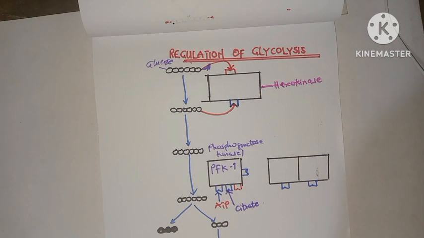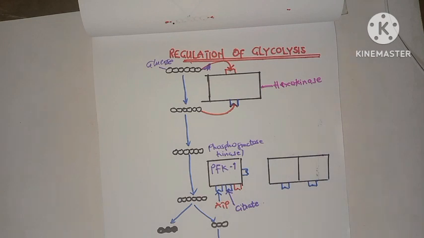And there is one that comes in to stimulate phosphofructose kinase 1. Whenever a lot of ATP is being broken down to ADP and inorganic phosphate, the concentration of ATP goes down. A lot of ADP means low ATP.